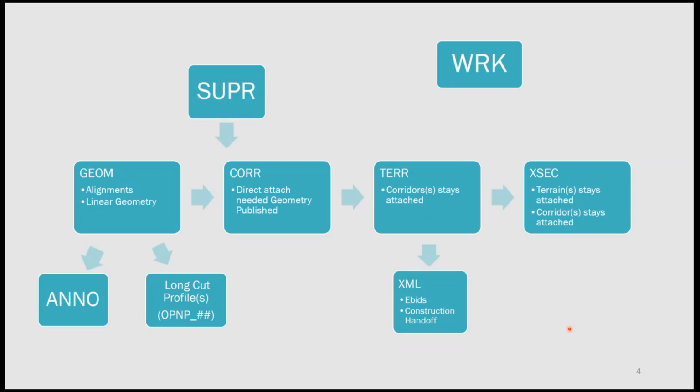With ORD, I tried the typical InRoads style of modeling it all in one corridor and learned lessons from doing that, so I ended up having to break it apart. There's also additional files: annotation files, long cut profiles, working files, a super file that comes in, and then your XMLs that you hand off to eBids and construction. They are all really connected.